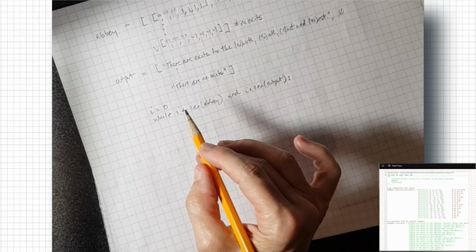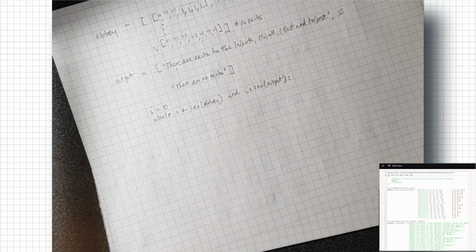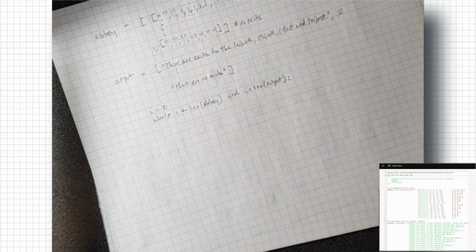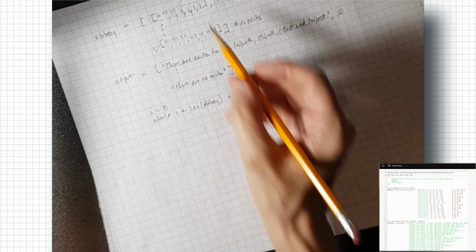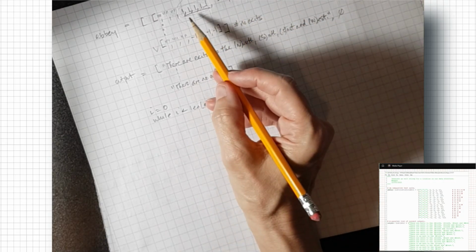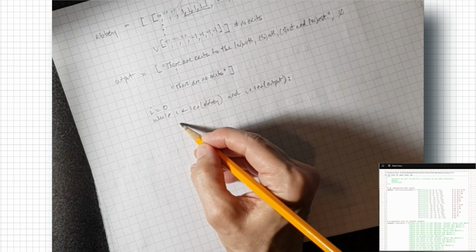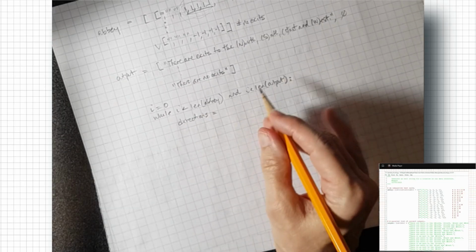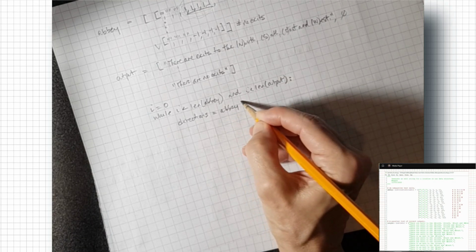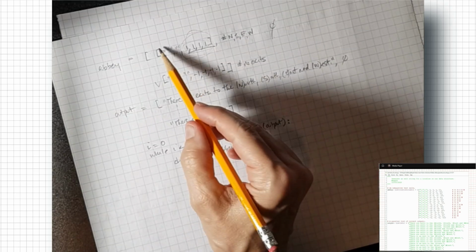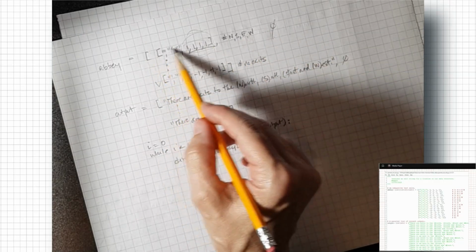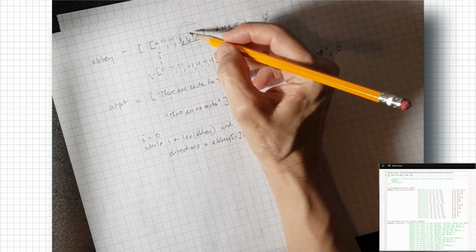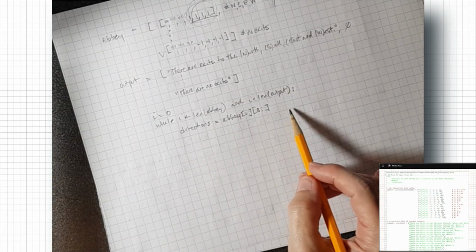And then I think it's the exact same code. So we're going to pull out the list of the exit directions. I can't remember what I called that, but directions equals abbey sub i. Okay, so the first time through that's this entire list, and then 3 colon, right, to slice off just this. So we get our directions.